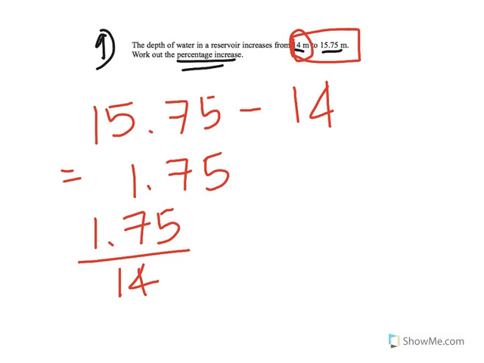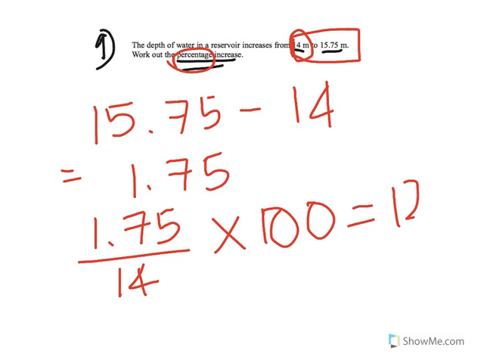Now we need it in percentage terms. So all we have to do is take this fraction and multiply it by 100. So it's 1.75 divided by 14 times 100. And that should give you a percentage of 12.5%. So that means that the depth of water increased by 12.5% compared to the original amount.